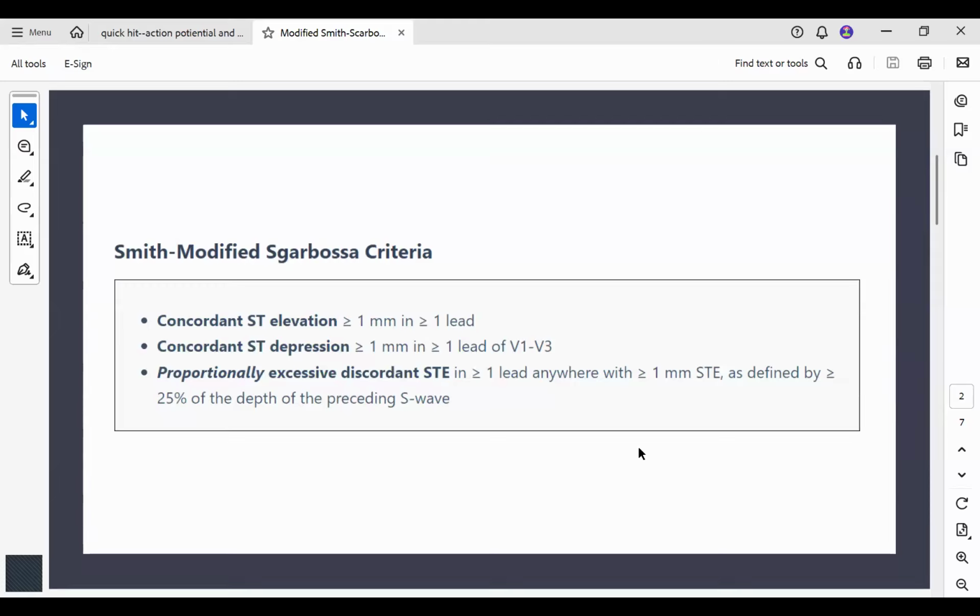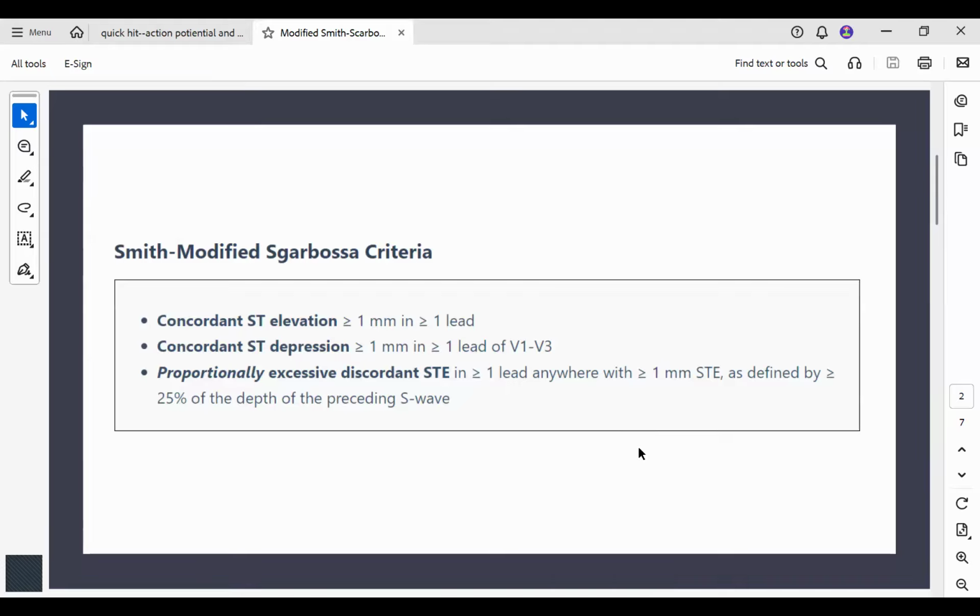So, reviewing: concordant ST elevation greater than or equal to 1 millimeter in greater than or equal to 1 lead. Concordant ST depression greater than or equal to 1 millimeter in greater than 1 lead of V1 through V3. So V1 through V3 are important leads to remember for these criteria.